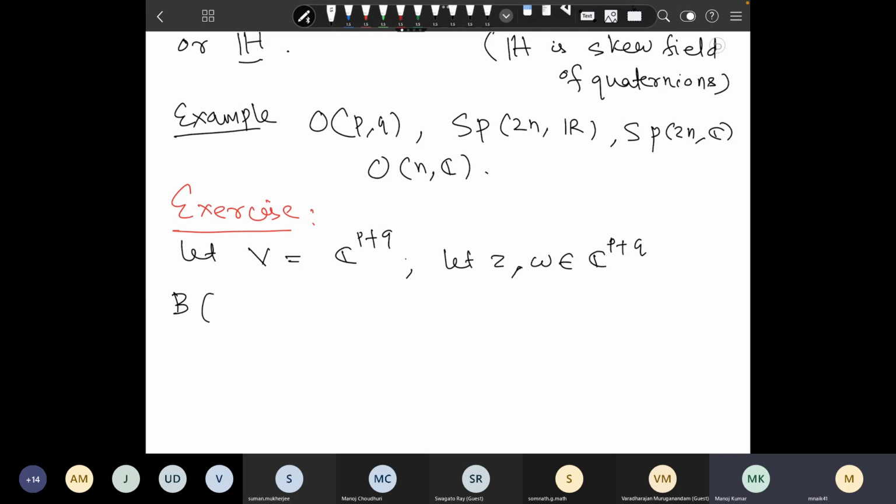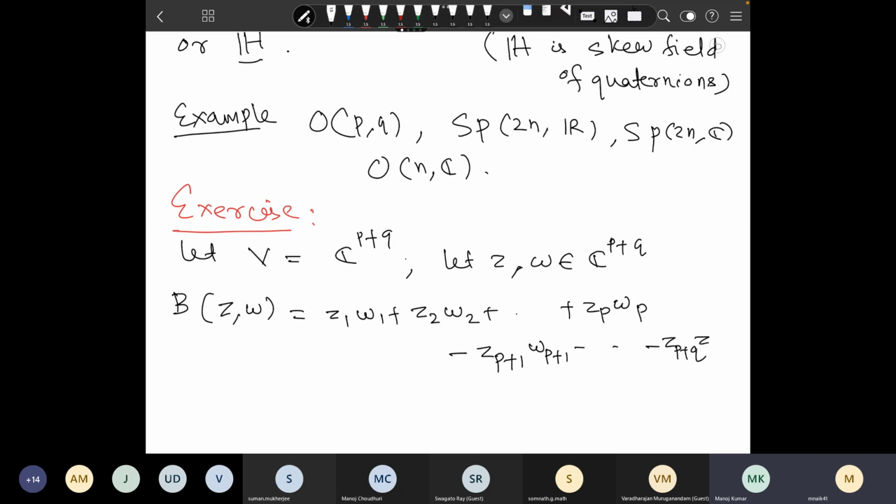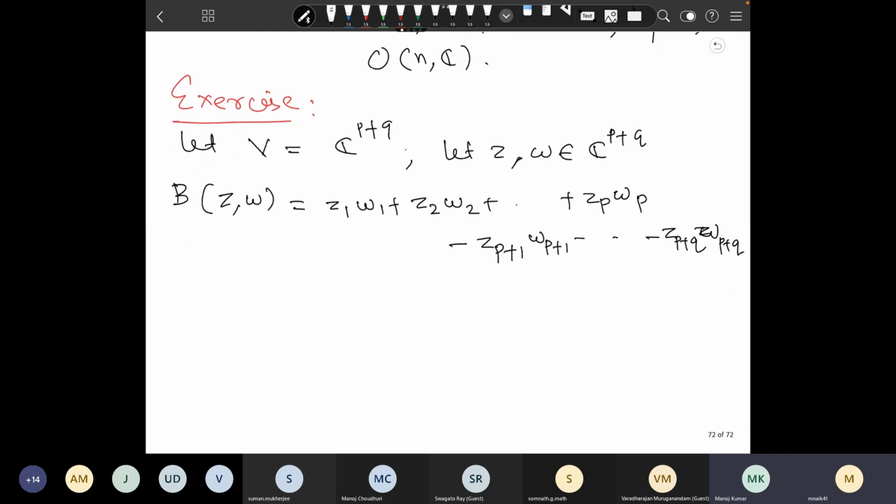I define B(z,w) equal to z1 w1 + z2 w2 + ... + zp wp minus z(p+1) w(p+1) minus ... minus z(p+q) w(p+q).